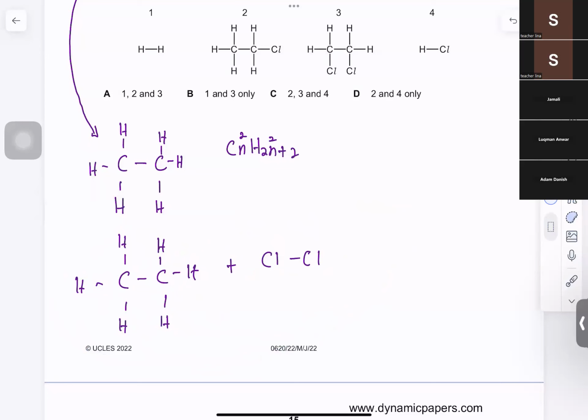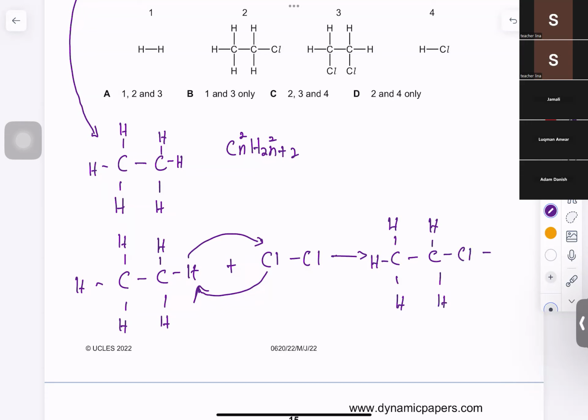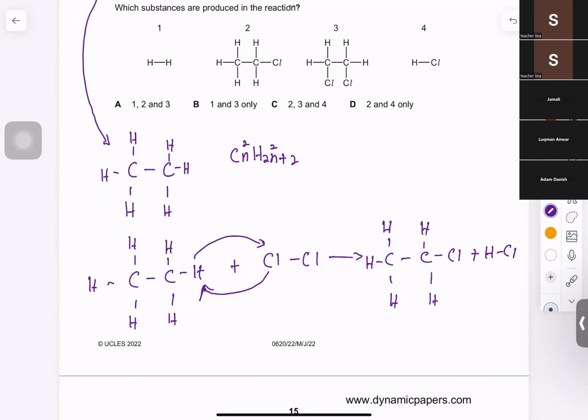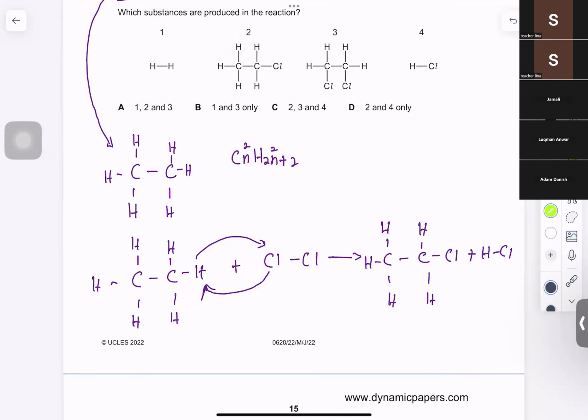You substitute that one, and then you substitute here, then arrow, C, H, H and H, H and then Cl and then H, plus HCl. Okay, we stop here. Is it clear?